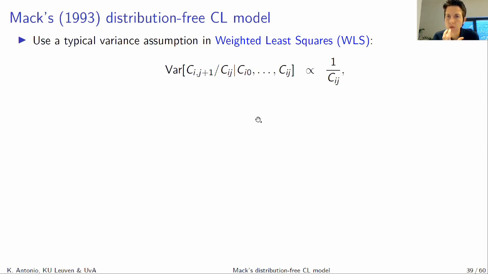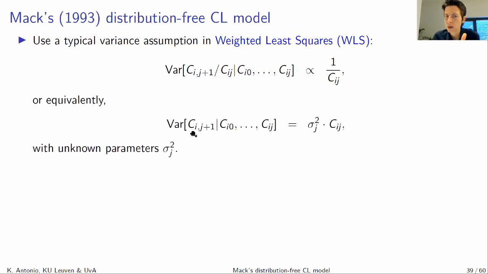If I bring out the C_ij, because it's observed, it becomes 1 over C_ij squared. So if I bring it to the other side, my variance assumption is the one that I started with in my original formulation of the Mack method, namely that there is a constant, sigma squared j, which gives me the following relation between the variance of C_i,j+1 and my C_ij as observed so far.